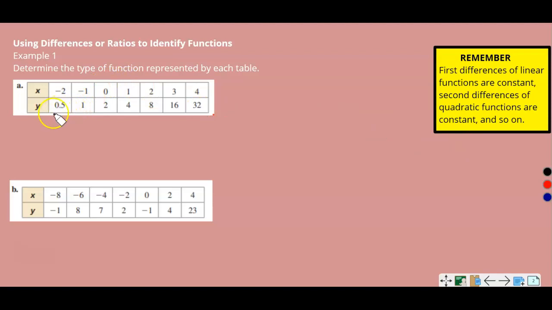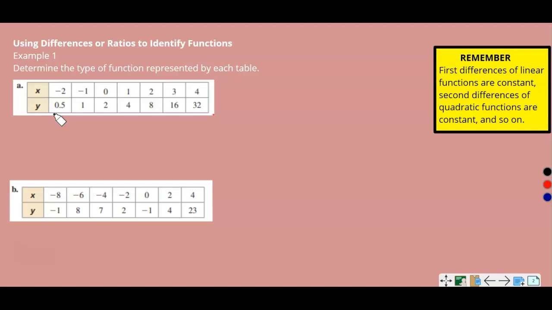All right, so if we're looking at a table and we want to determine if it's an exponential function, which is what we've been working on, exponential and logarithmic functions, it says that we're going to have to use the differences or ratios to identify this.